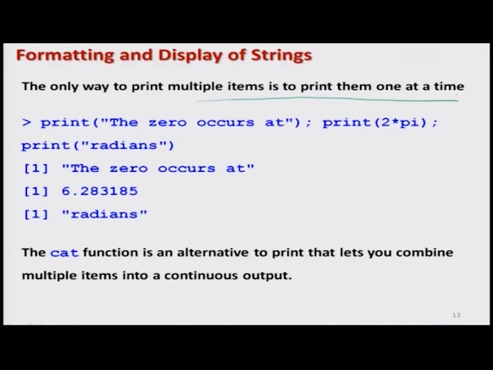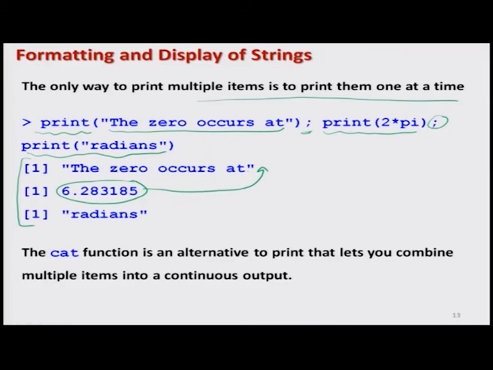So now if I use my print command, and say print "The 0 occurs at", separated by a semicolon, and then print 2 pi, separated by a semicolon, then print radians, it will give me this type of outcome. But still that is not needed. I want this value to be here and this radians to be here after this. So now how to get it done?